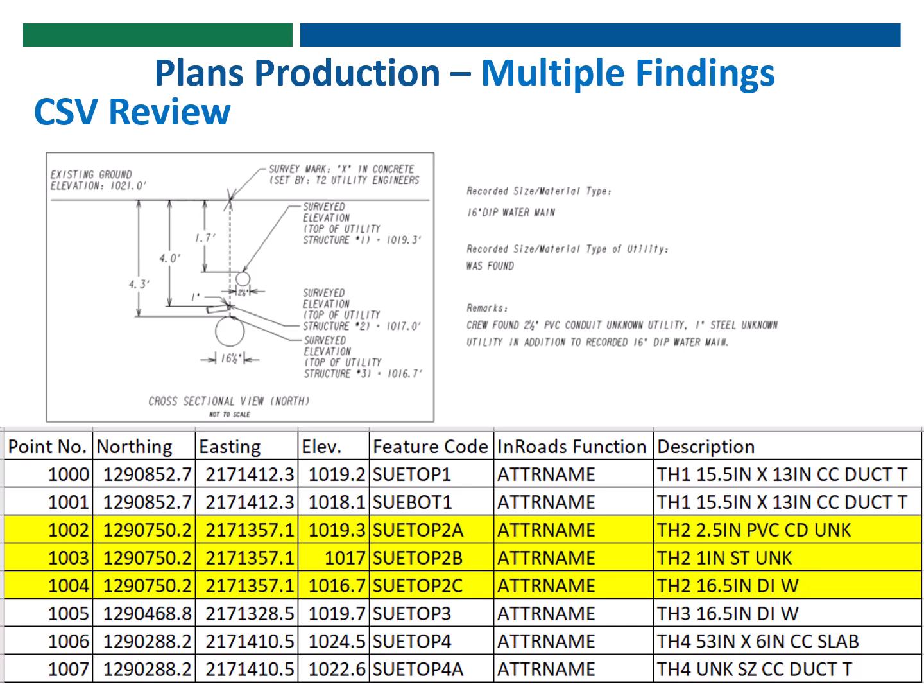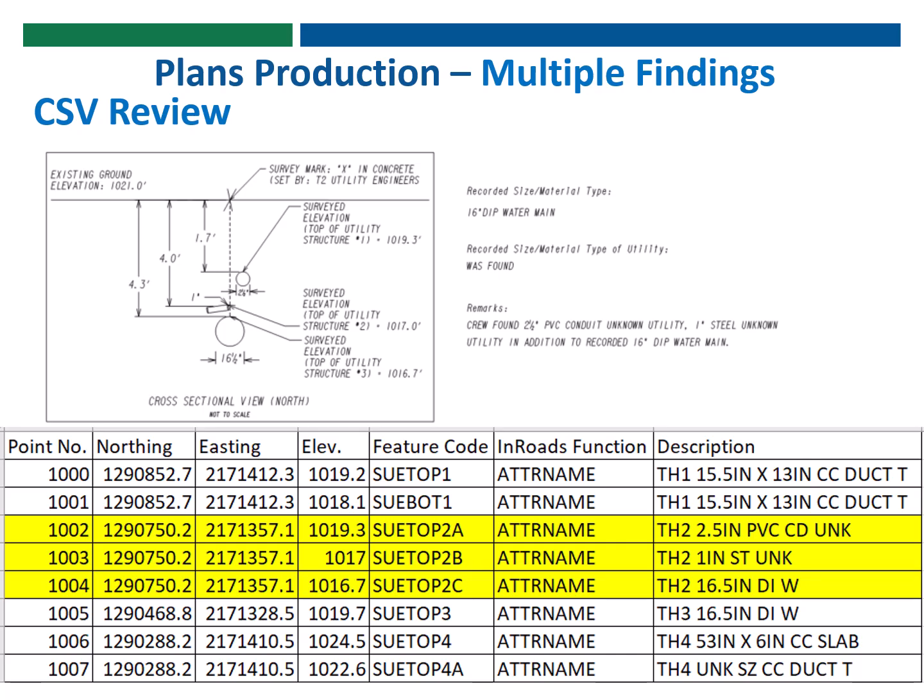Another example of multiple utilities in the CSV file. This is the example from the previous slide where two unknowns were found along with the 16-inch ductile iron water main. And in the CSV file, the highlighted rows, you can see that the northings and eastings are the same for each row.